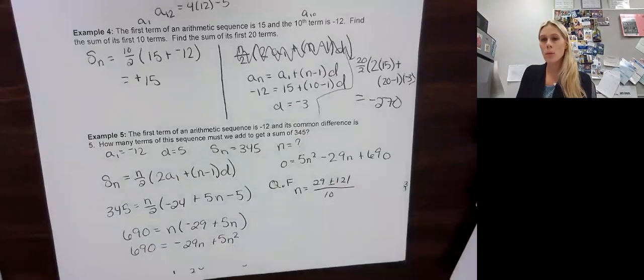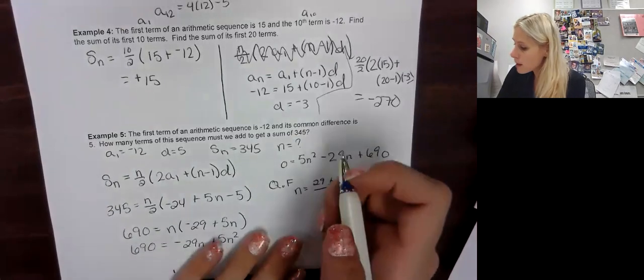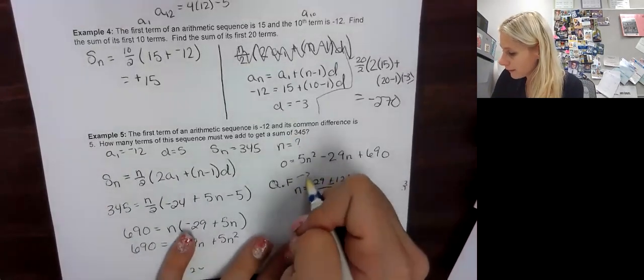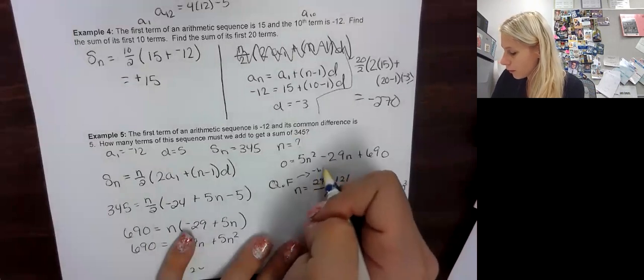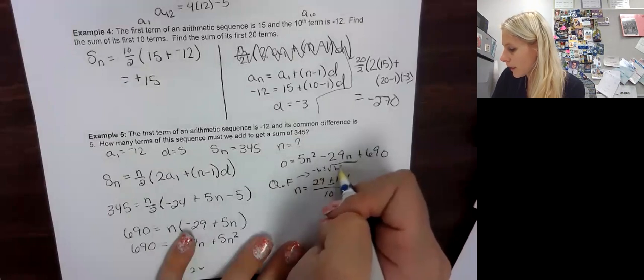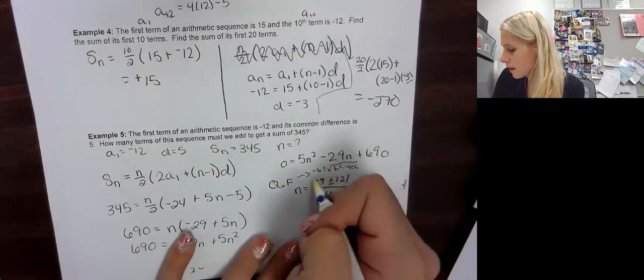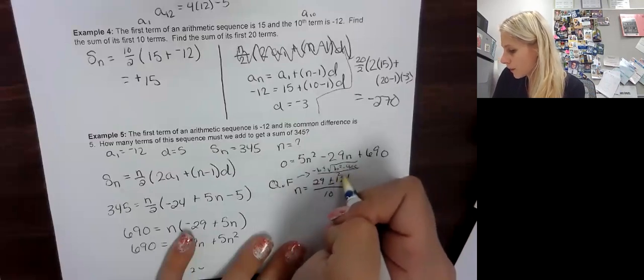The reason why I'm doing this is because I still want to show you that there are two answers, right? Because there's a plus or minus in the quadratic formula. Now, don't forget, I don't want you guys to take notes and then all of a sudden you forget where I'm getting those numbers. Okay, there we go. 2a.